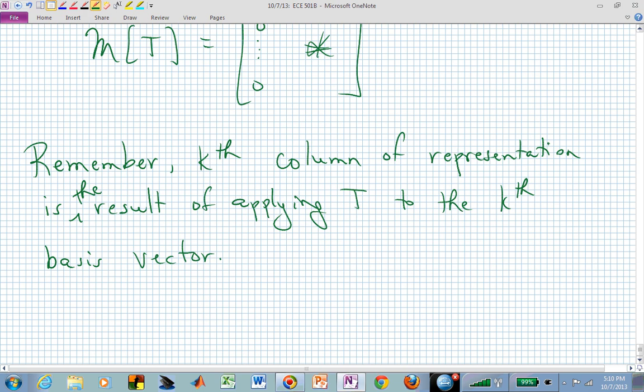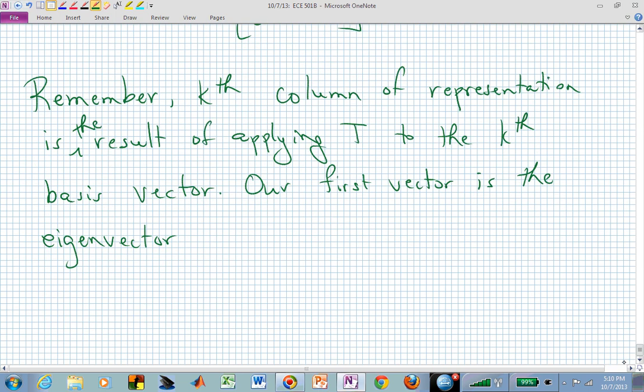And in this case, it's the first vector. So our first vector is actually going to be the eigenvector that we found, V.